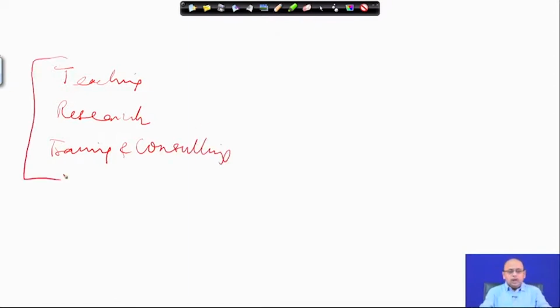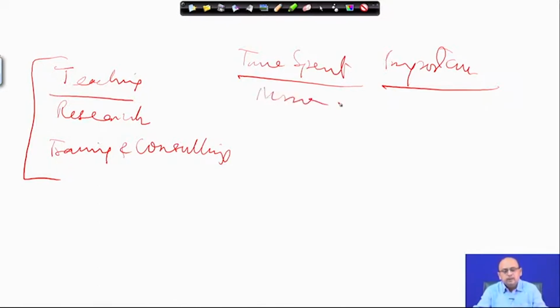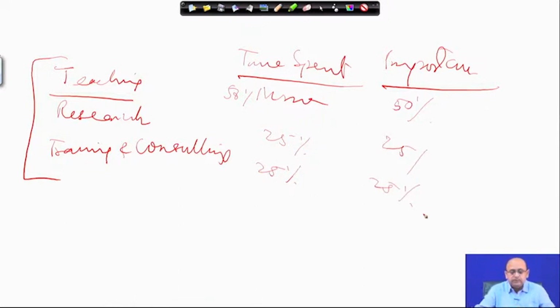How much time are we going to spend on these activities? You also need to set priority for each of these areas, right. As a faculty, your major job is teaching, so you are going to spend more time, it is 50% weightage, right, because that is your primary job. Next could be 25%: here you are going to spend 50% of your time, 25% of your time, 25% of your time, and this could be 25% important, 25% important, right.